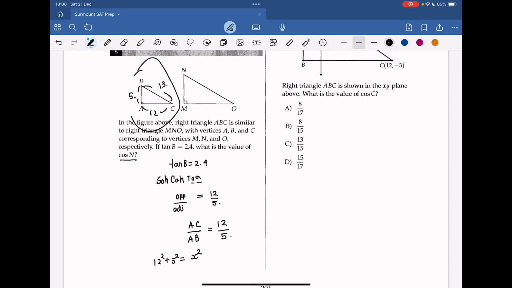And the reason why we can do that is because the two triangles are similar. So we can say the cosine of N is the same as the cosine of B, because they are similar. And the cosine of B is, again, opposite over hypotenuse, right? The opposite angle in terms of B is... Okay, yeah.